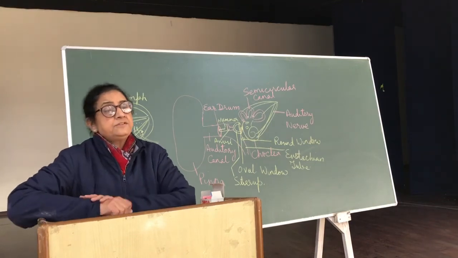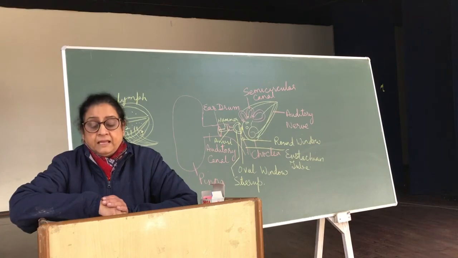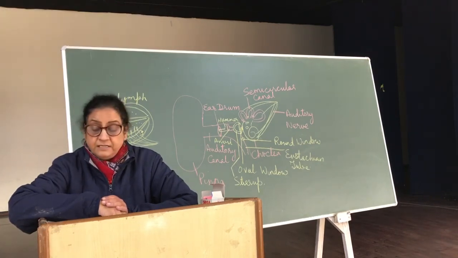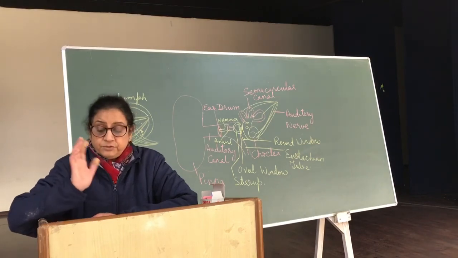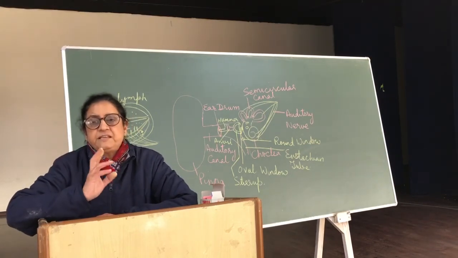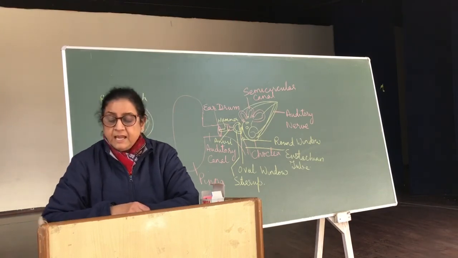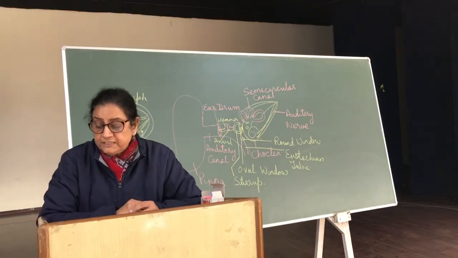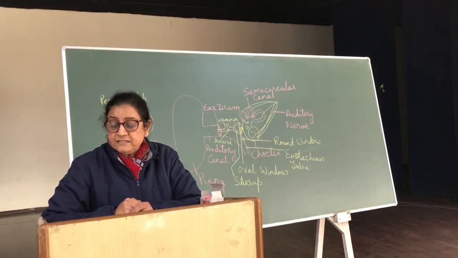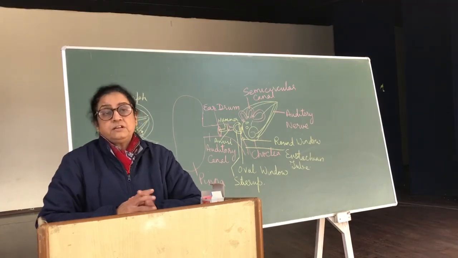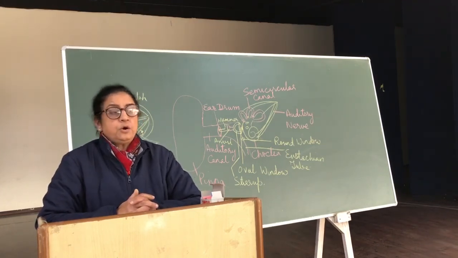Then the balance of the body, how balancing is done. When we move our head in different directions, of course the fluid which is present in the semicircular canals is also shaken. And the moving fluid in the canals pushes against the sensory hair cells, sending the nerve impulse through the nerve fibers attached to them to the brain via the auditory nerve.